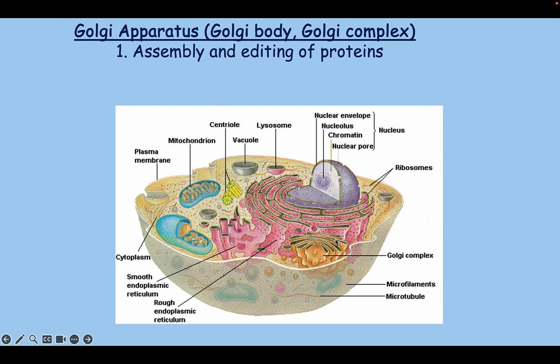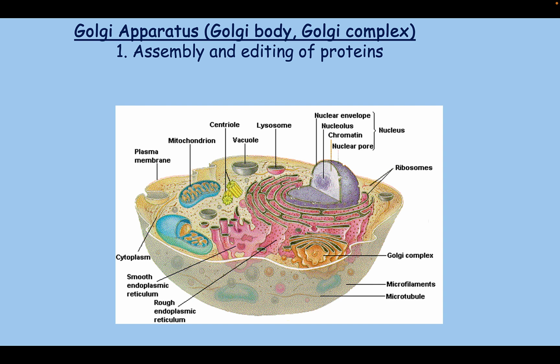It's important that you know that face, that side of the Golgi apparatus that is closest to the nucleus is called the cis face, and you spell that C-I-S. The cis face of the Golgi apparatus is closest to the nucleus.